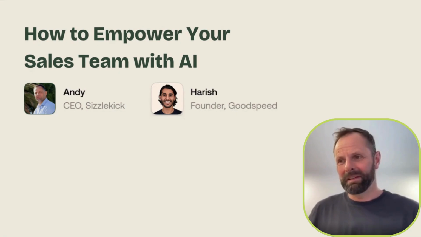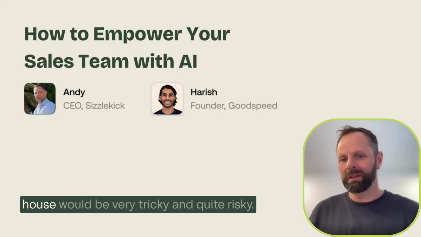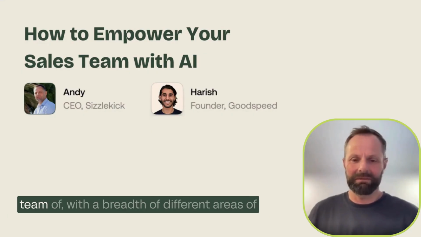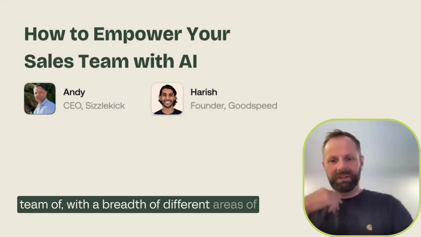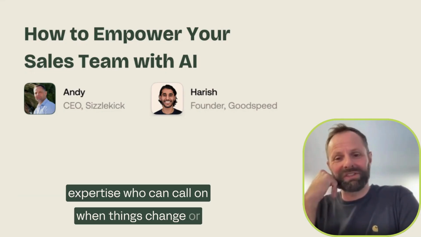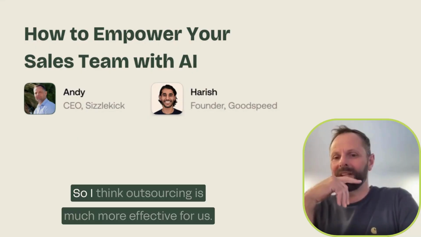And I don't think to have that capability in-house would be very tricky and quite risky, whereas I know Harry's got great people on his team with a breadth of different areas of expertise who can call on when things change, or if we want to do something slightly different. So I think outsourcing is much more effective for us.